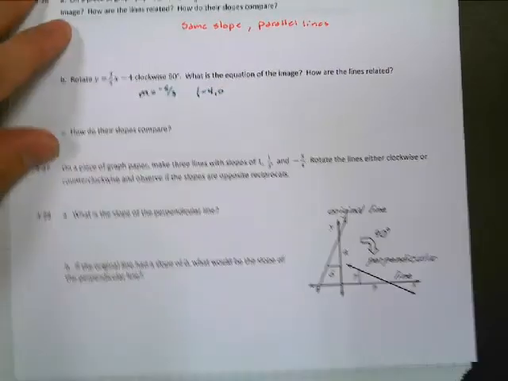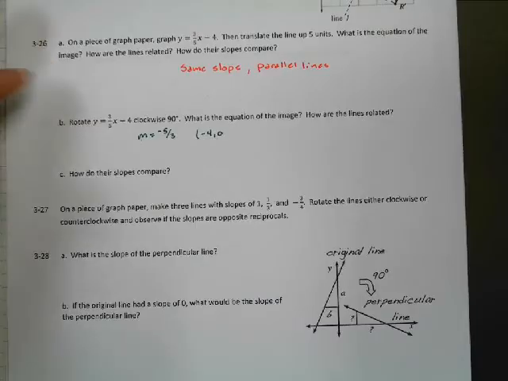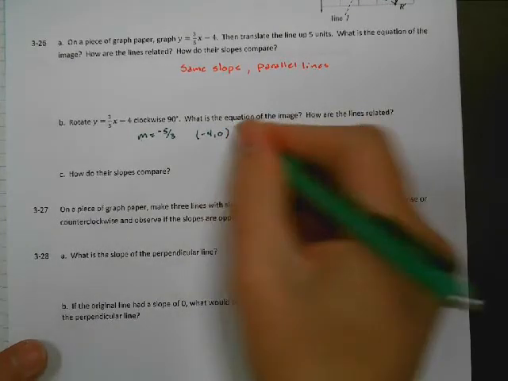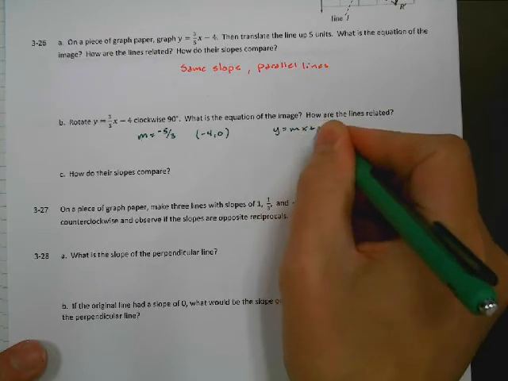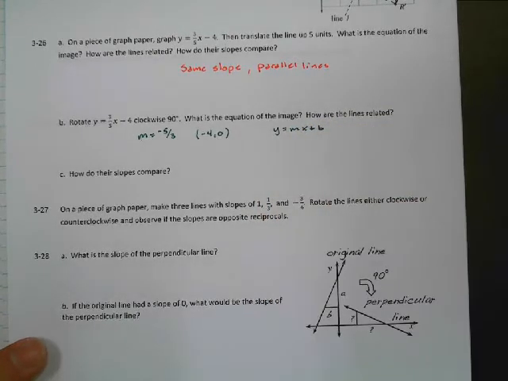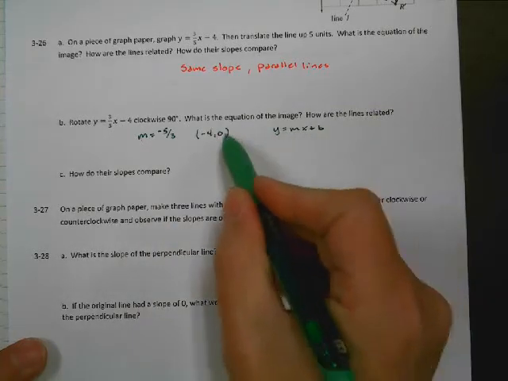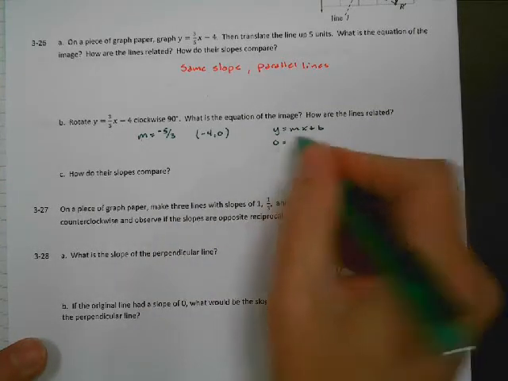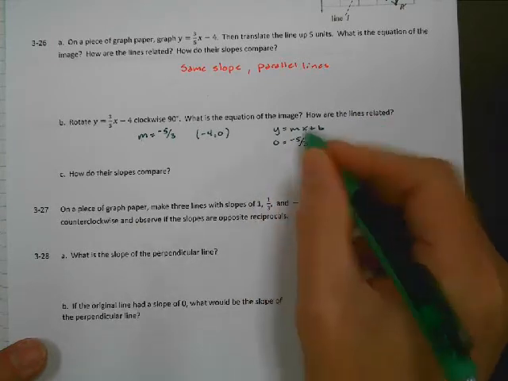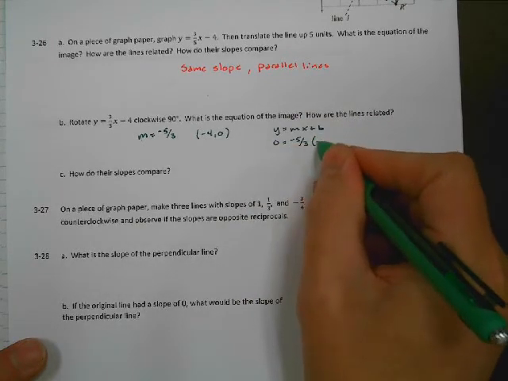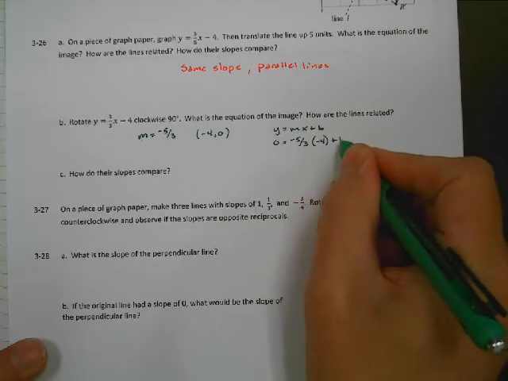So we saw in the past how we can just use the y equals mx plus b equation to solve and find out where the y-intercept is going to be. So our y value is 0. Our m value is -5/3. Our x value is -4 plus b.